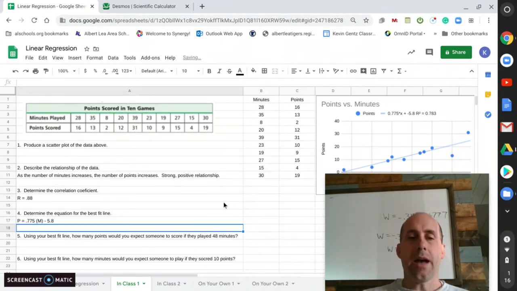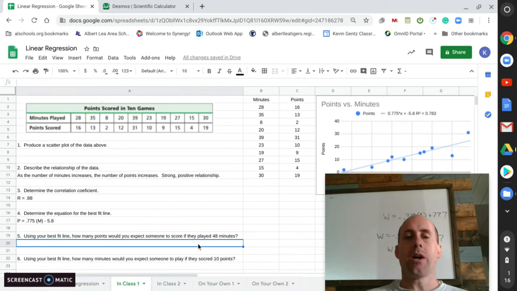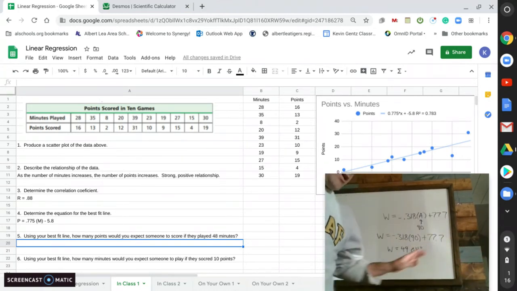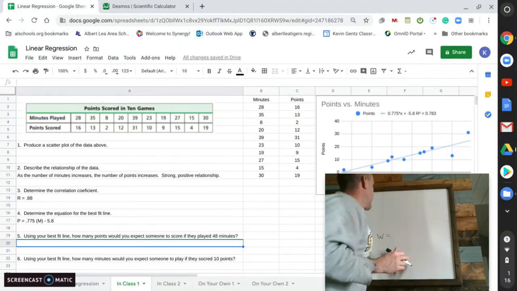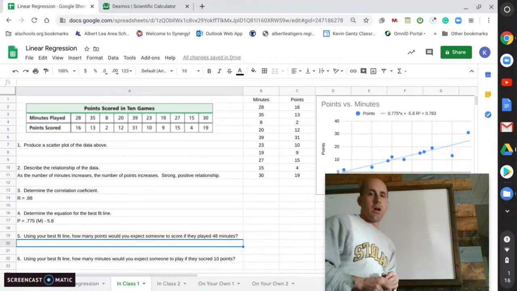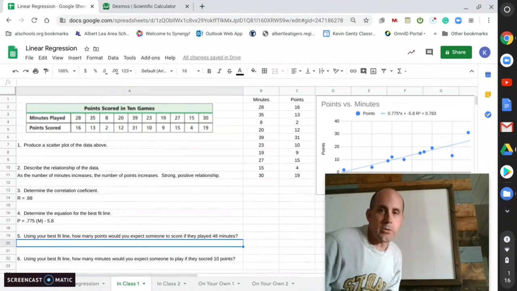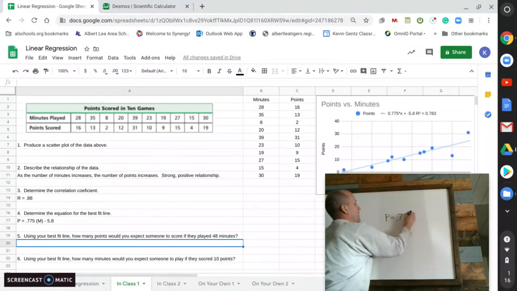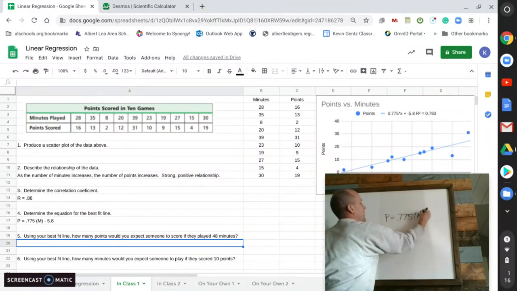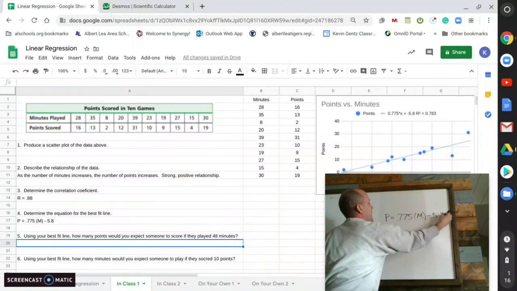Okay, now that we have that equation, we can answer some really good questions. It says, using your best fit line, how many points would you expect someone to score if they played for 48 minutes? I'm going to use this dry erase board right behind me, and we're going to show how you can figure that out. I'm going to use my equation for my best fit line, which again, P equals 0.775 times M minus 5.8.